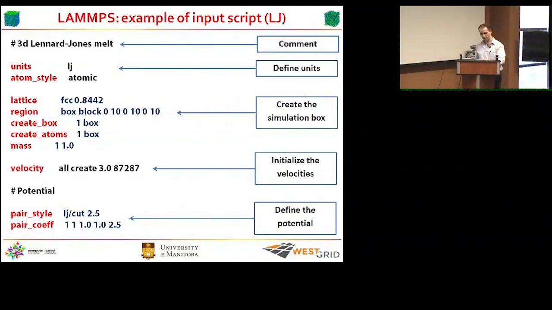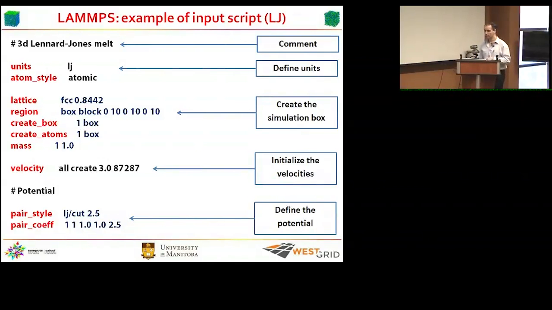In this input, this region from lattice to mass is just the way to generate the initial configuration. As I told you before, it's possible to use LAMMPS to generate the first configurations, but it's also possible to read the configuration from another file. There is a command to read that.